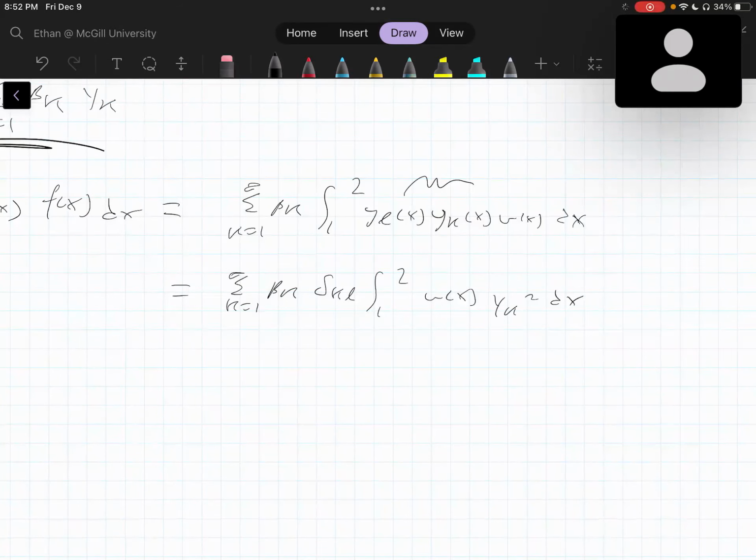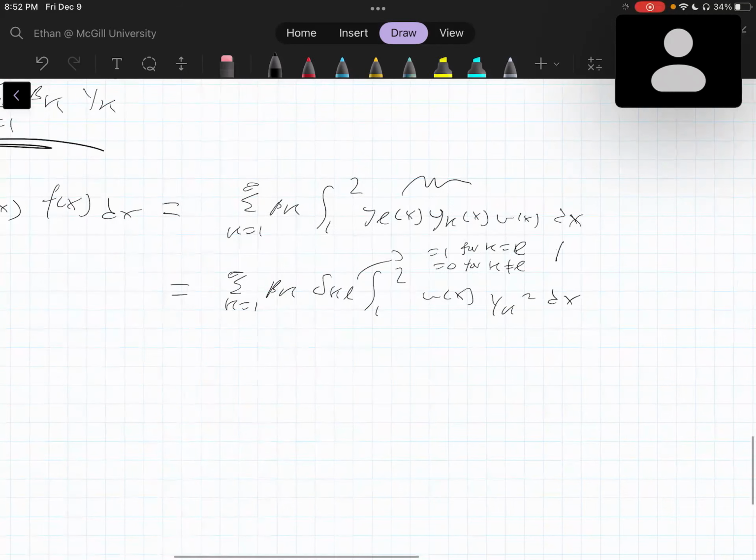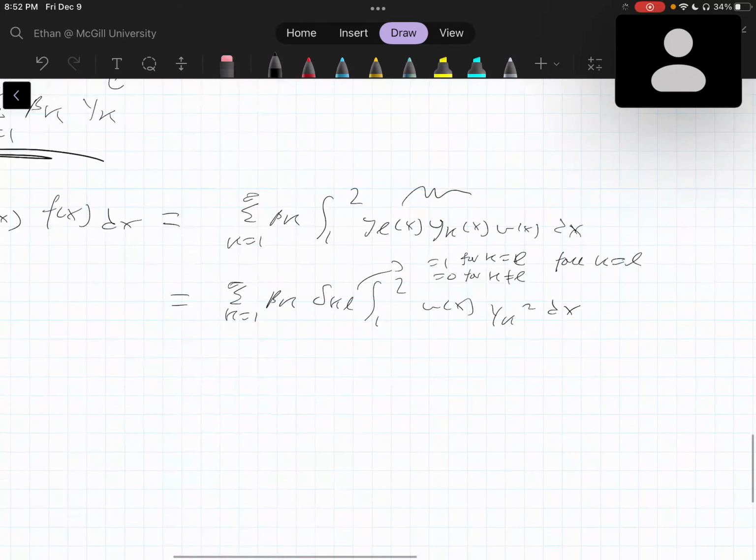The Kronecker delta function again states that it's equal to 1 for k equal to L, and equal to 0 for k not equal to L. So obviously we don't want the trivial solution, so we force k equal to L. That's exactly what we've done here.